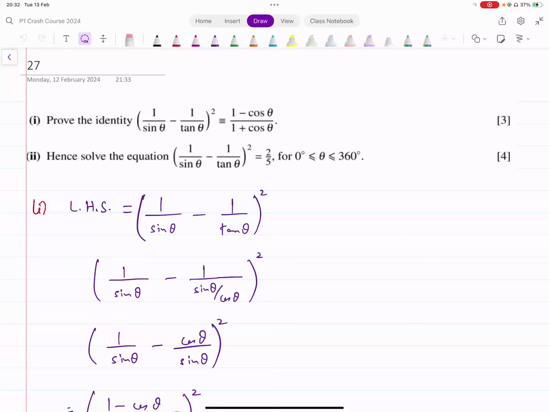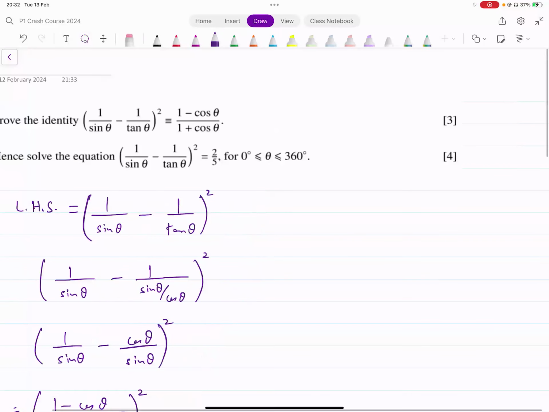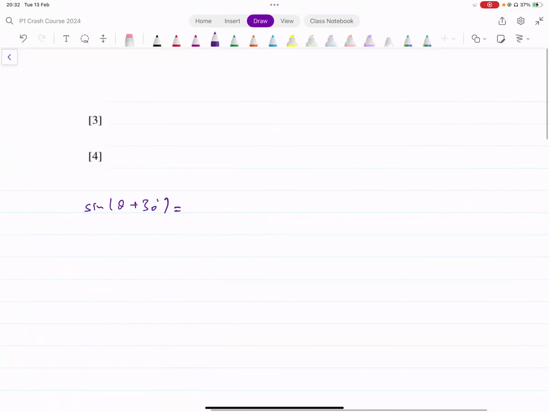And then we will be discussing how to solve a specific type of equation where we have something like sine of theta plus 30 degrees equals 0.5, for instance. When you have something other than x or theta inside the angle, we will be learning how to solve equations like these today as well. So that's the plan for today.